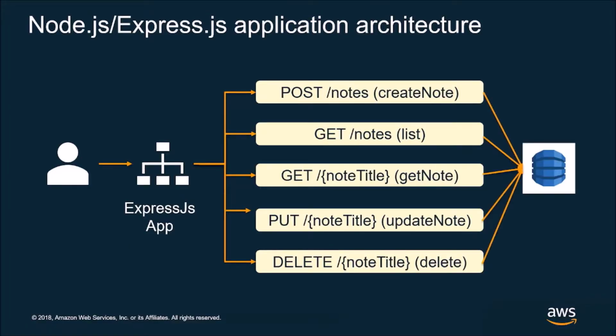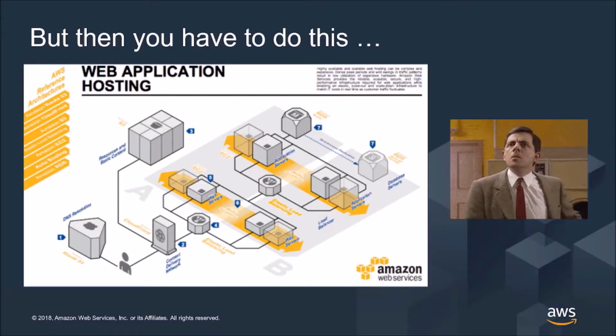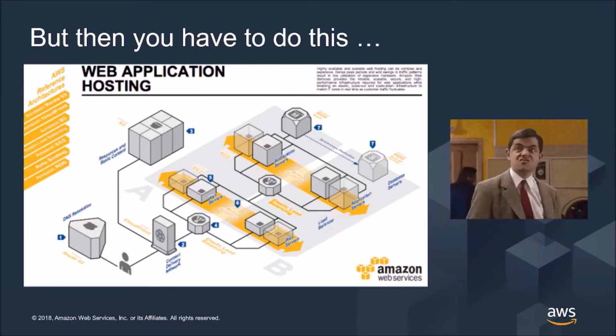There is an endpoint for getting a specific note by its title, and updating a note, deleting a note. So all the scenarios for most common APIs are covered here in a note-taking application. And then the application writes the actual objects to some sort of a persistent store behind the scenes. So that's your typical application.